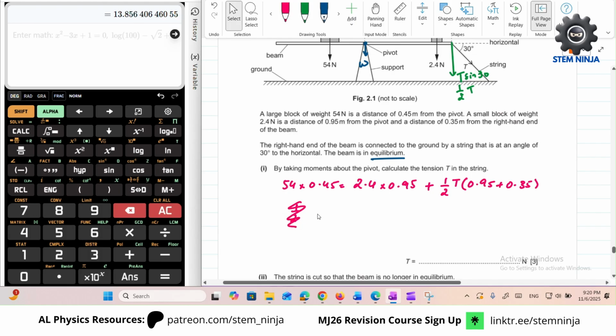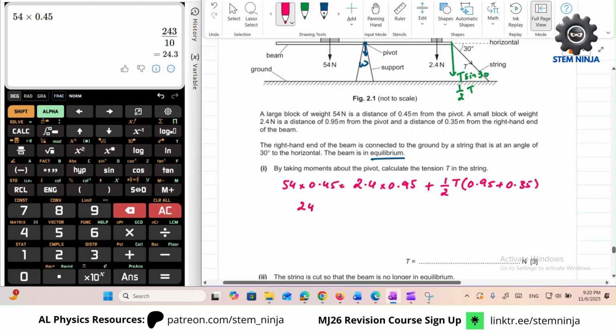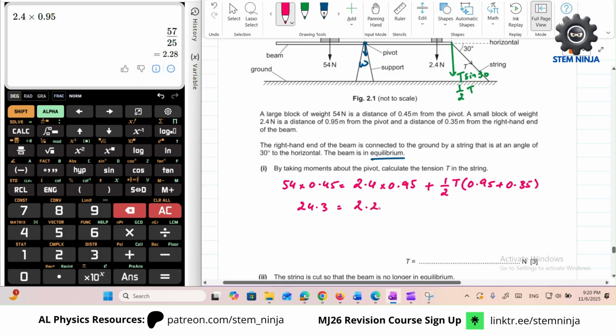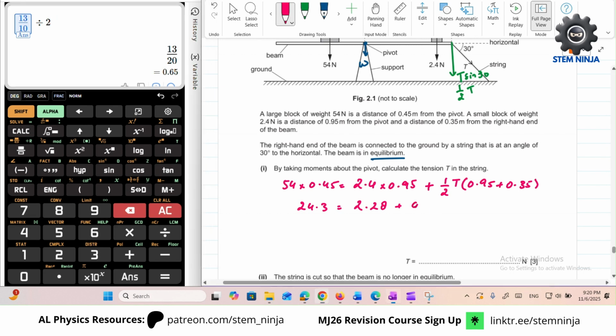So half of T. First let's calculate these things one by one. 54 times 0.45 is 24.3. 2.4 times 0.95 is 2.28. Plus (0.95 plus 0.35) divided by 2, this is 0.65 T. So T is going to be (24.3 minus 2.28) divided by 0.65.